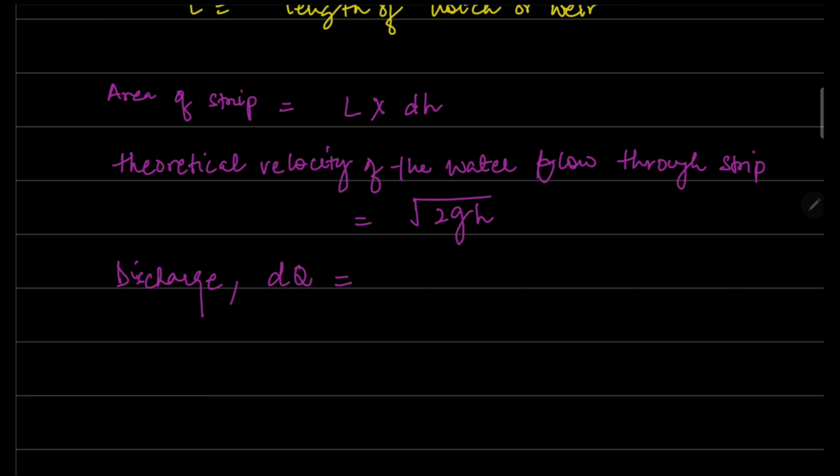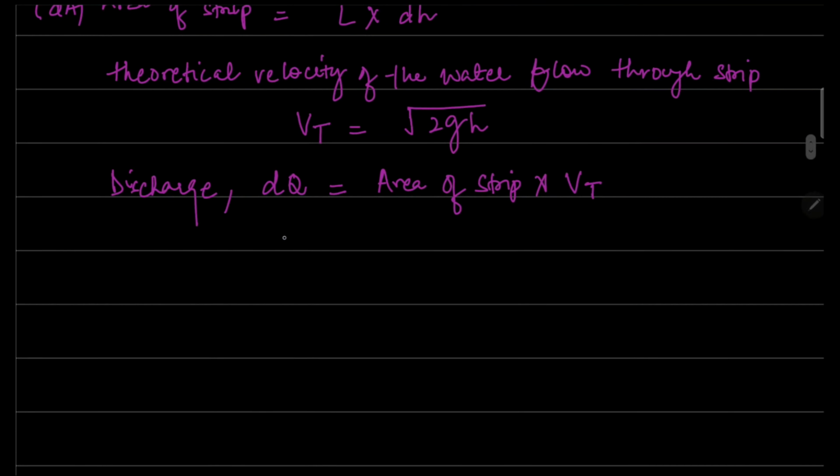So this dq can be written as the area of the strip multiplied by the theoretical velocity. If we say that the theoretical velocity is Vt, and the area of the strip is a small area, let's say dA, then we can write that dq is dA multiplied by the theoretical velocity Vt.